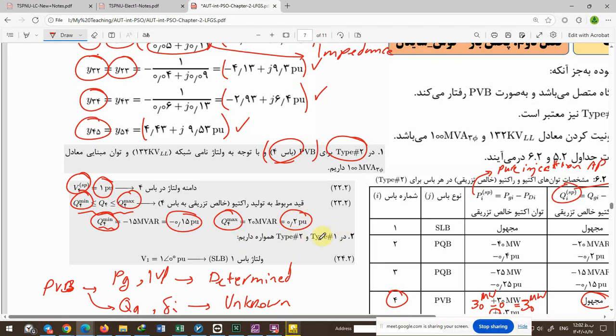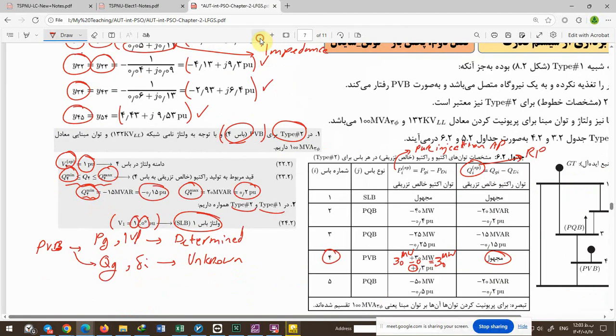Another piece of information: the voltage of the slack bus, bus number 1, is determined as 1 per unit with 0 degrees.